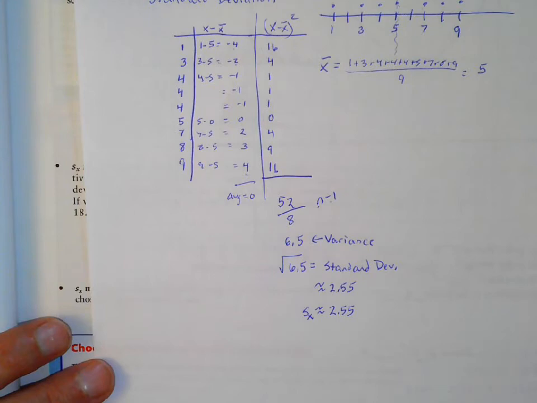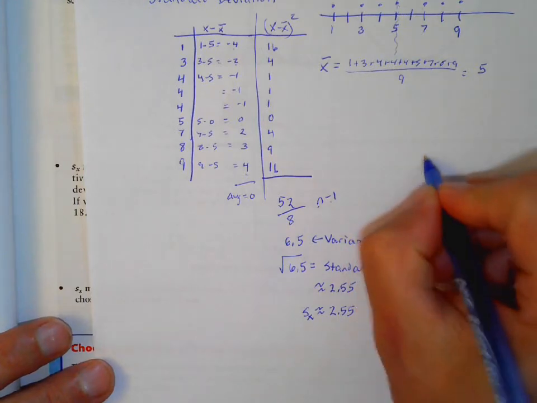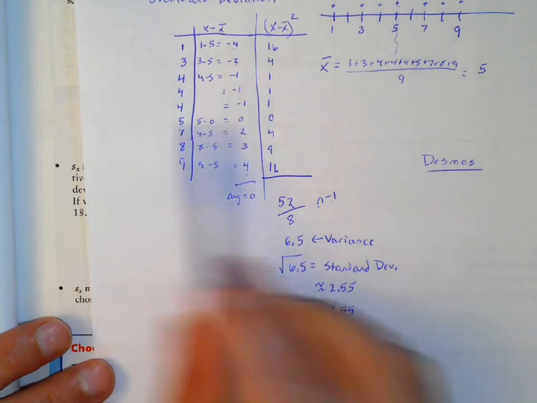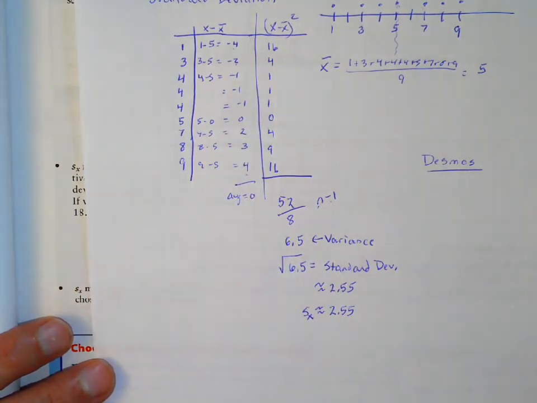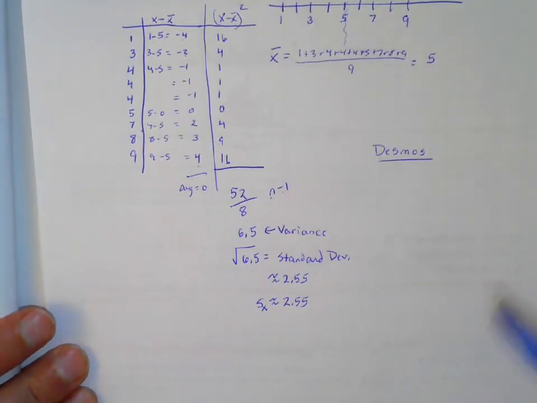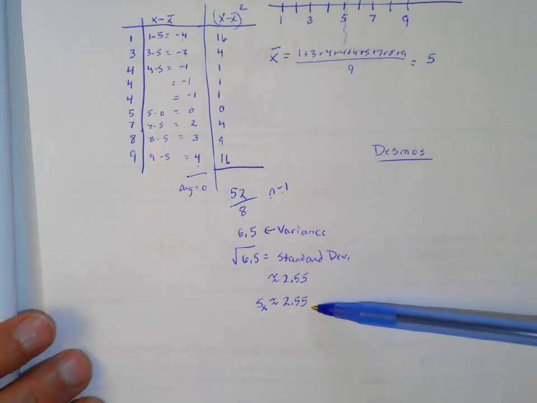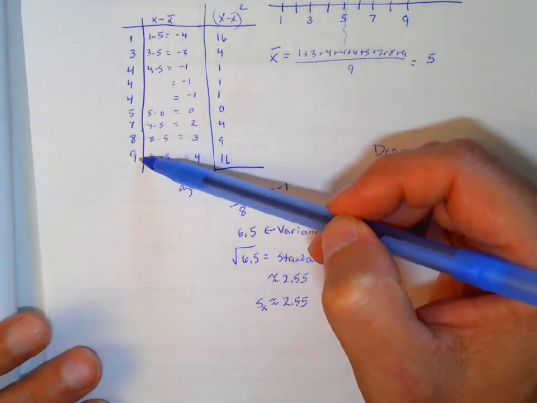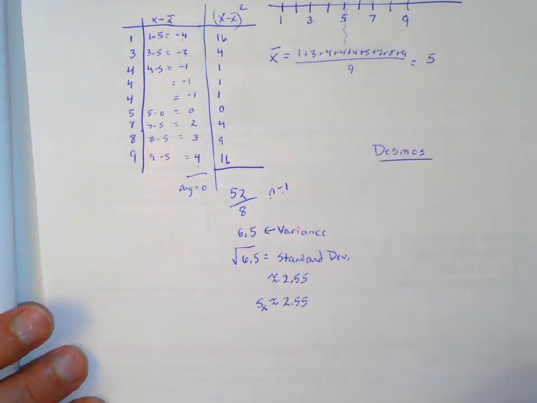Now, if you use Desmos, I want you to do one of these by hand in your practice homework. Other than that, for the rest of the year, you can pretty much use Desmos. Well, let's first interpret this. These numbers were how many pets people had.